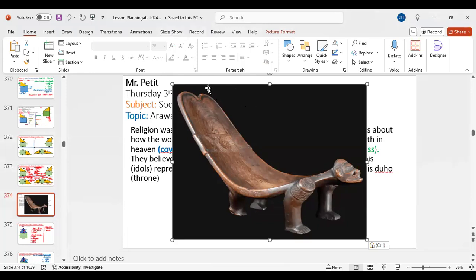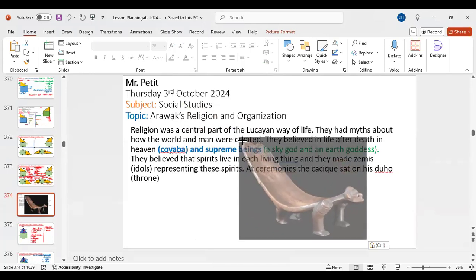So this is the duho, right? This is what the cacique sat on. This is his throne. Do you see how small that is? I think you'd be laying on it. Yeah, more laying down.